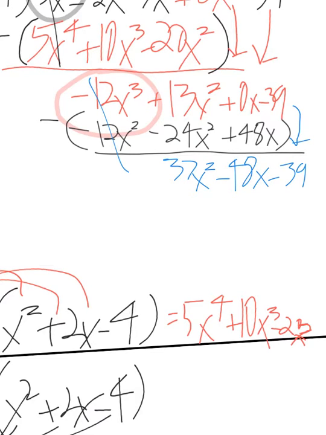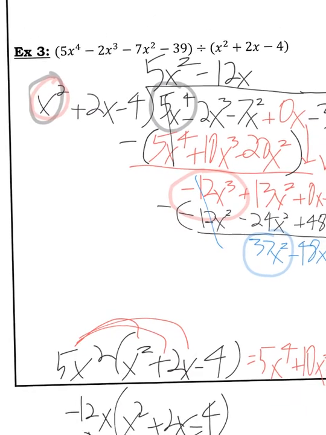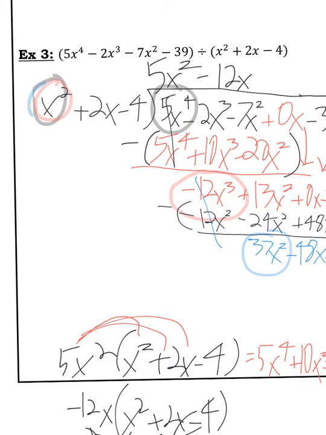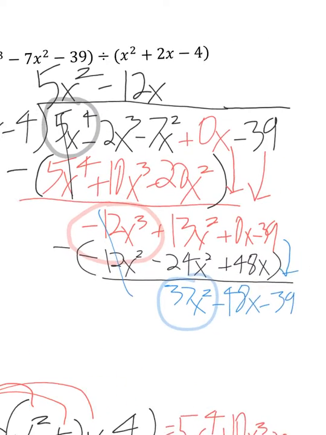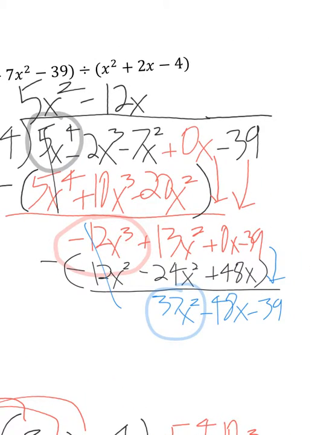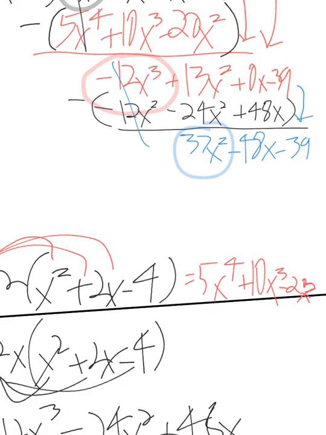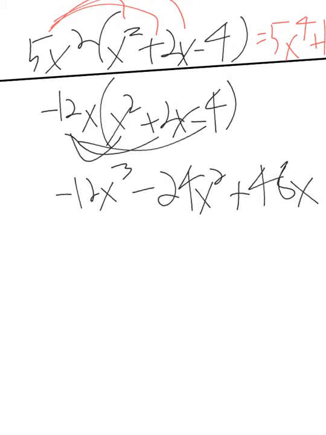And now I just need to look at the 37x squared. What is 37x squared divided by x squared? That's just 37. So I'm going to write down 37 right there. And then I need to multiply my x squared plus 2x minus 4 times 37.